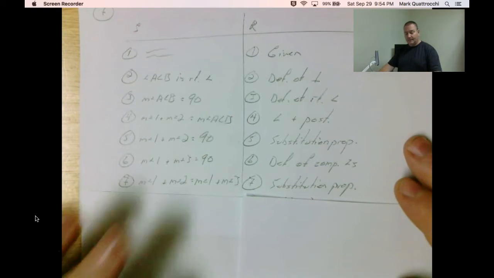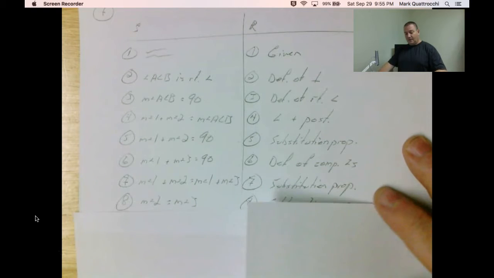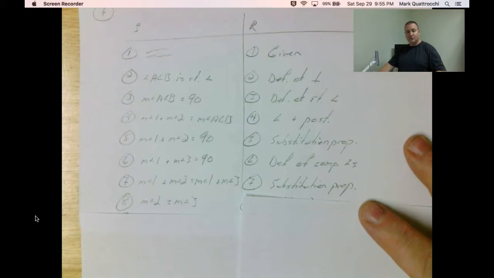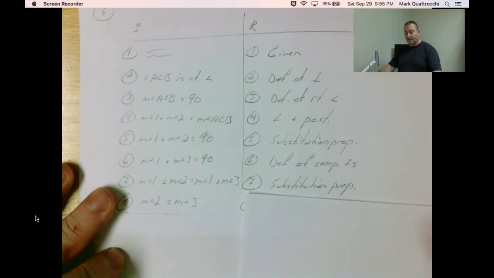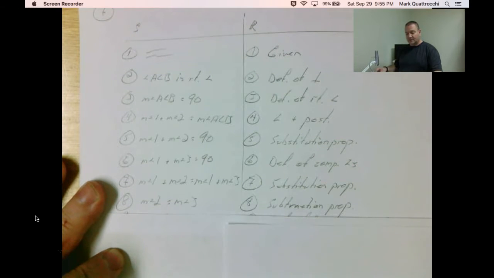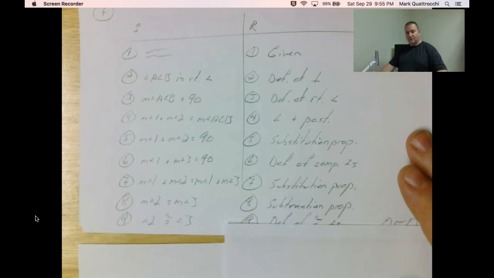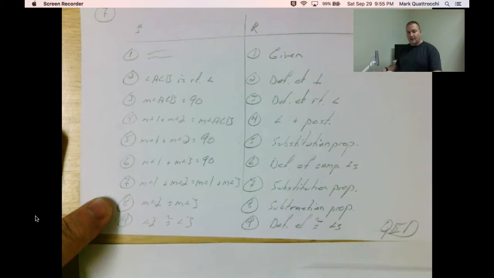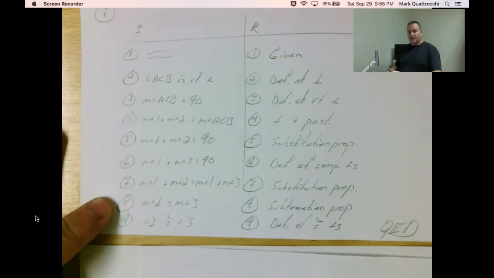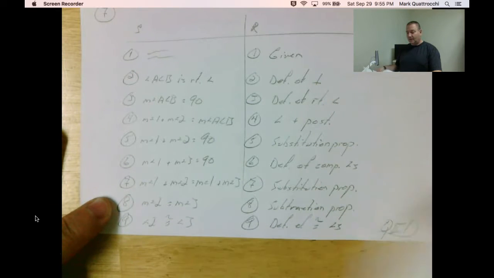Substitution property. Measure of angle 2 equals the measure of angle 3. Subtraction property. And finally, angle 2 is congruent to angle 3. Definition of congruent angles, QED.